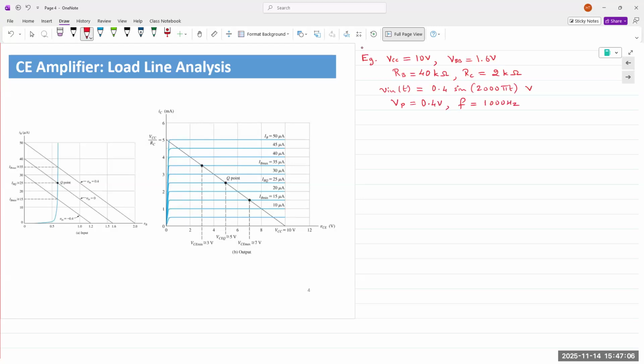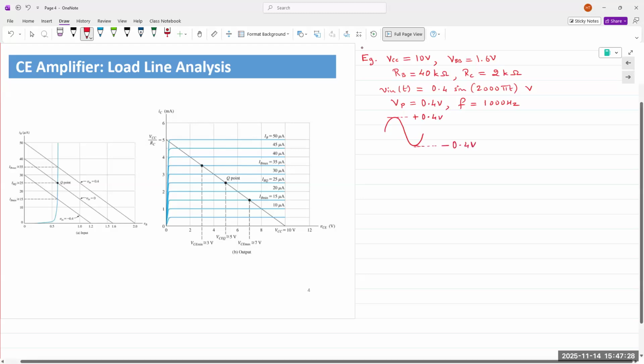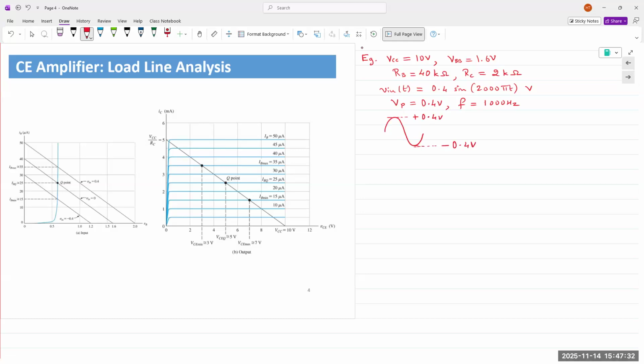Frequency actually does not matter for the most part. But what we want to know is how far is that input moving. So it's going plus 0.4 and minus 0.4 volts. So V in of T swings between plus 0.4 and minus 0.4, max and minimum values.